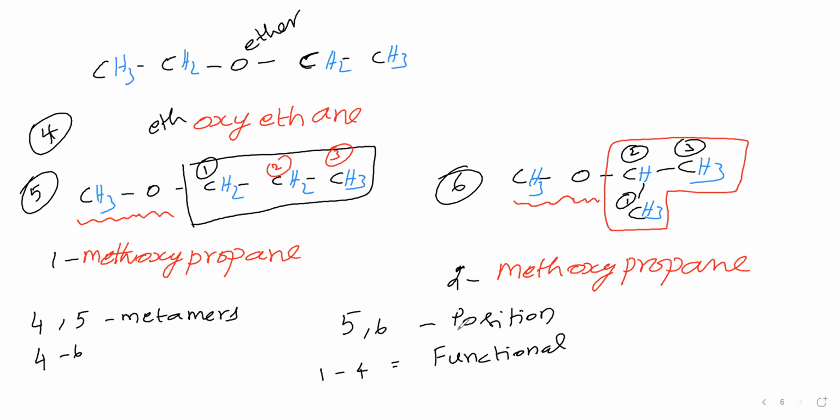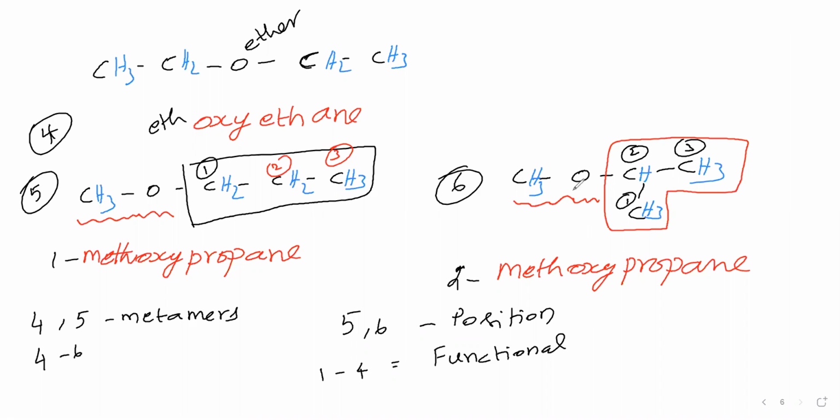Next, metamers. Metamers means functional group should have minimum 2 organic groups. Functional group should link with a minimum 2 organic groups on either side. Now we will take this functional group here.